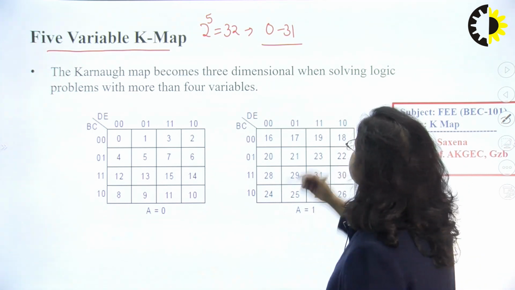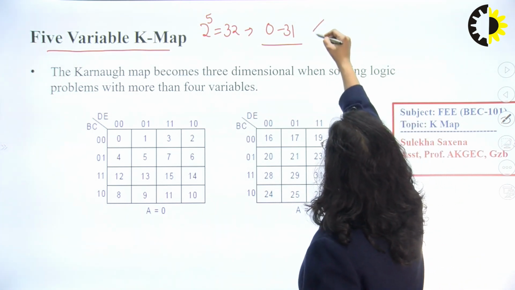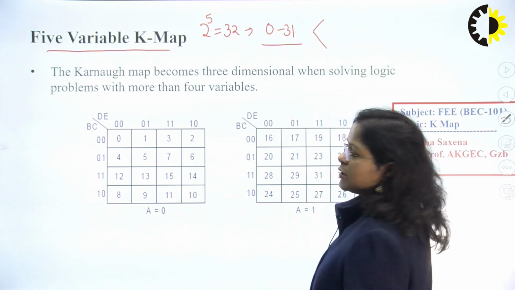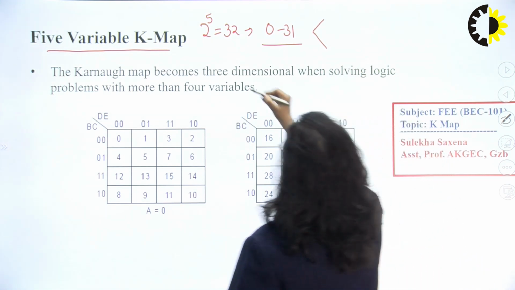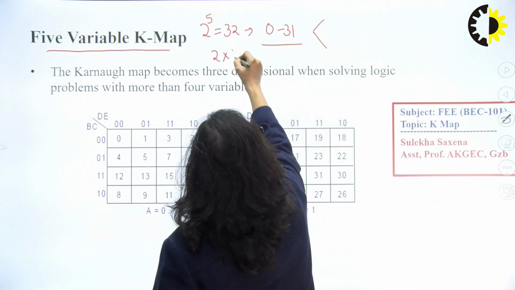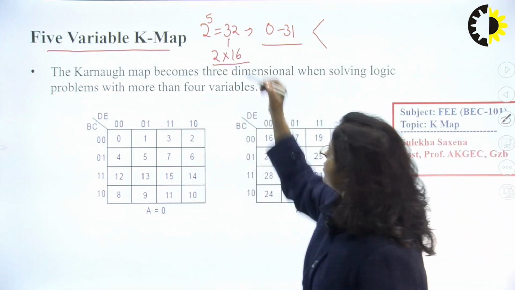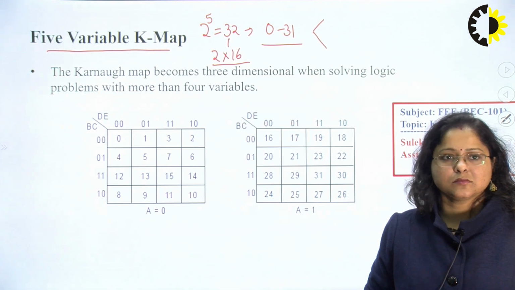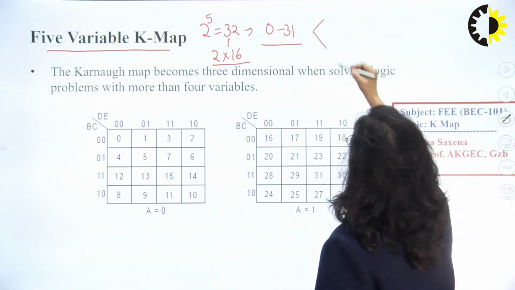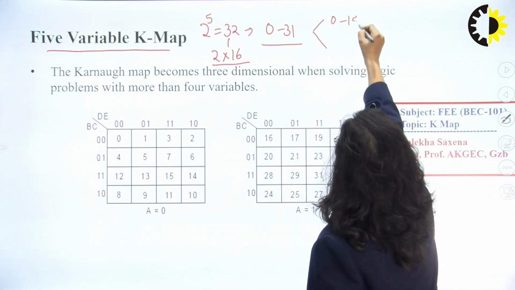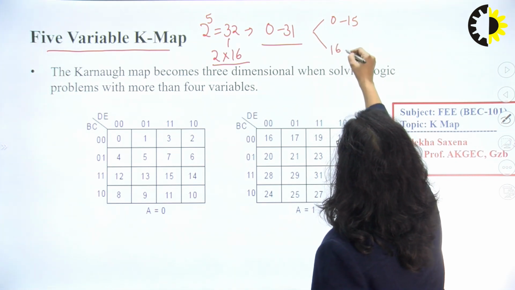So, we basically divide it into 2, that is we use 2 KMaps of 4 variables, 16 into 2 that is 32. So, we prepare one KMap for 0 to 15 and another KMap for 16 to 31.